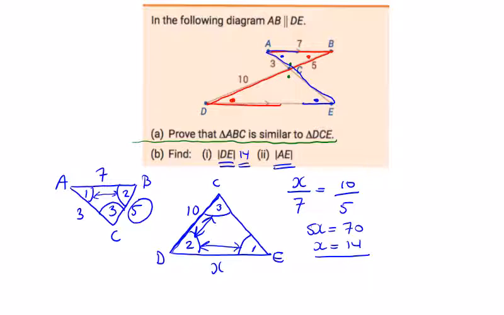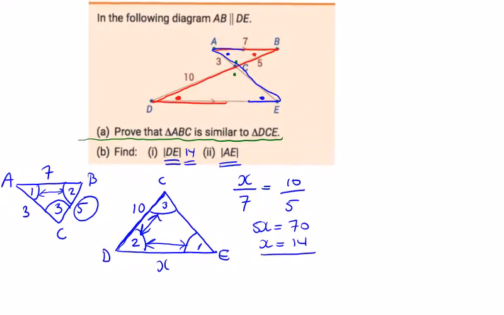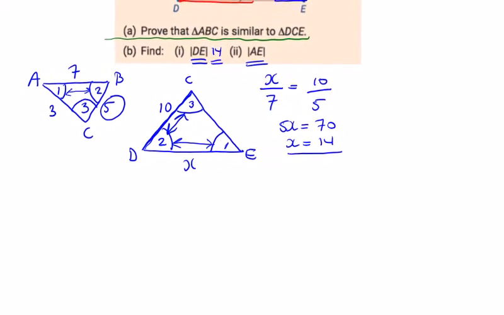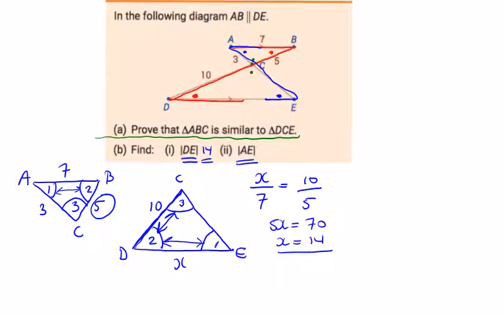AE, okay, I'll move up here and do it. AE, let's have a look. AE is the big jump, so from here to here. So we need CE, we'll call it Y. So Y over, between angle 1 and 3, I have 3. That has to be equal to 10.